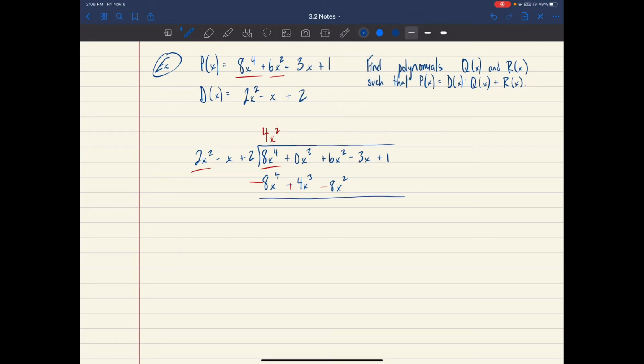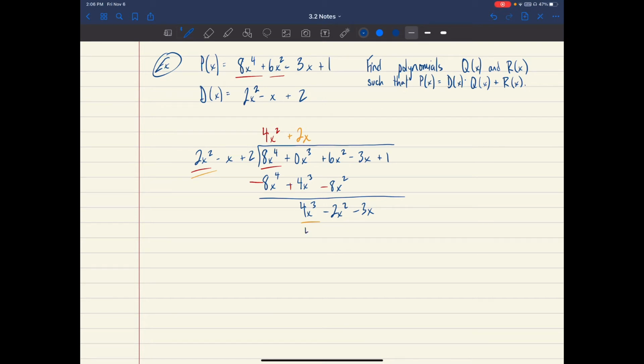And then we add. So 0, and then we'd have 4x cubed and negative 2x squared, and then you drop one term. Next, we take 4x cubed and divide it by 2x squared. We would get 2x. Make that a positive sign. And then again, we go back and multiply 2x by our divisor.